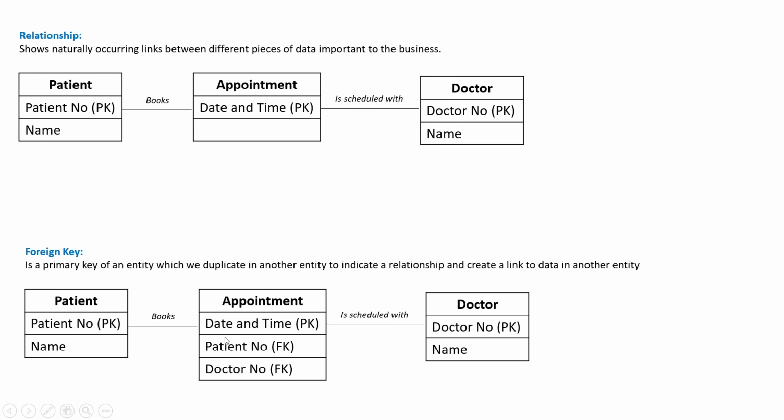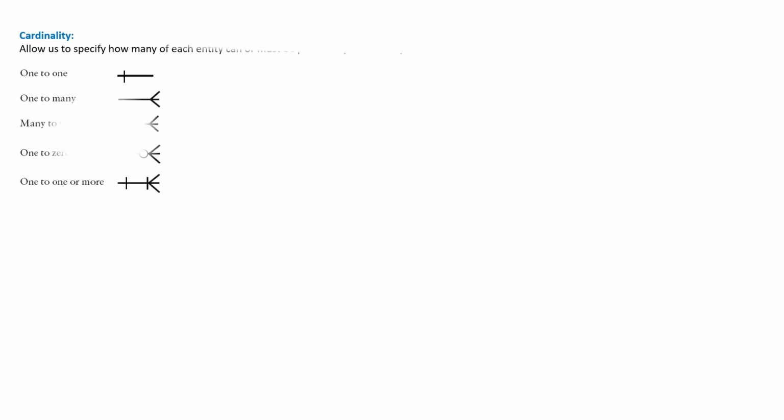Then we can use the patient number and the doctor number as foreign keys in this appointment entity, so that we know which patient has booked this appointment and with which doctor this appointment is scheduled. That's about it in summary for the relationships, but we also need to look at cardinality.